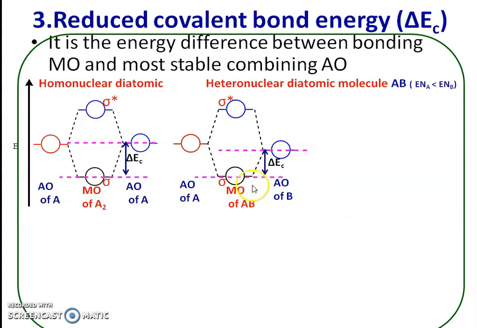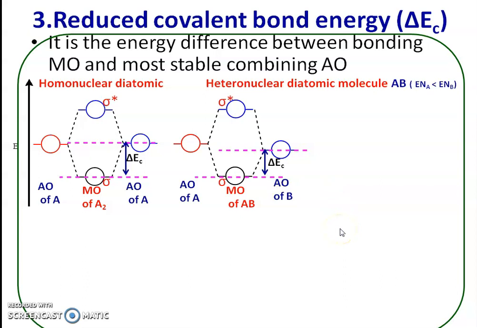And the energy difference between the bonding molecular orbital and the most stable atomic orbital is the covalent bond energy. Now from these two molecular orbital diagrams, it is clear that in case of a heteronuclear diatomic molecule, the covalent bond energy is less than that in homonuclear diatomic molecules.